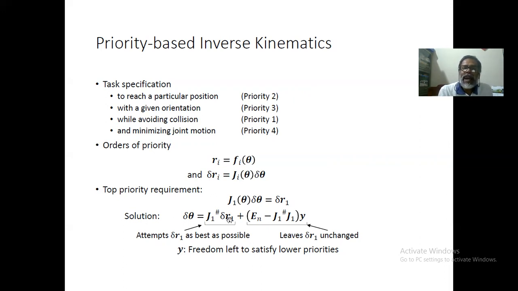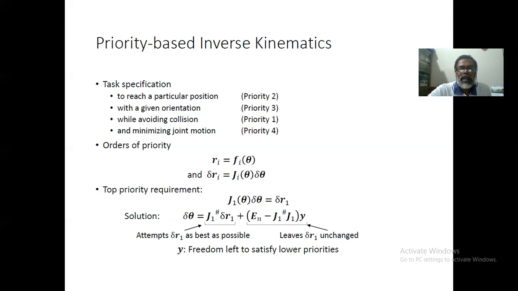What kind of things can you add? You see, where will J1 take a Y? This Y, if you take in the space of delta theta, then J1 into that Y would take it to the delta R space, in the manipulable space.